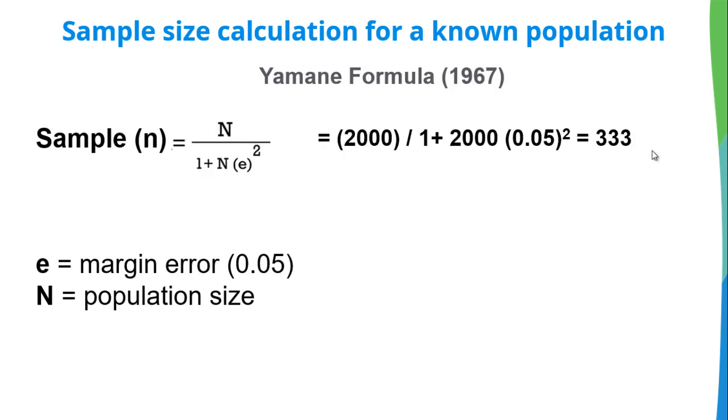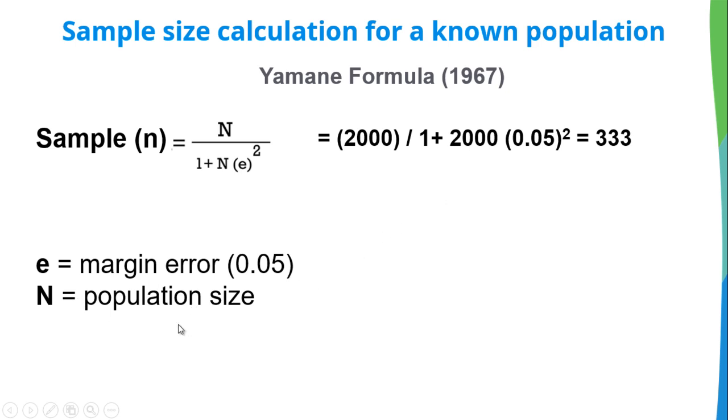We use what is called the Yamane formula. This was established in 1967 by Yamane, and the sample size is n over 1 plus n times e squared, where N is 2,000. We supply our N, the known population size, 2,000, divided by 1 plus 2,000 times 0.05 squared. Don't forget our e is the margin of error, 0.05.